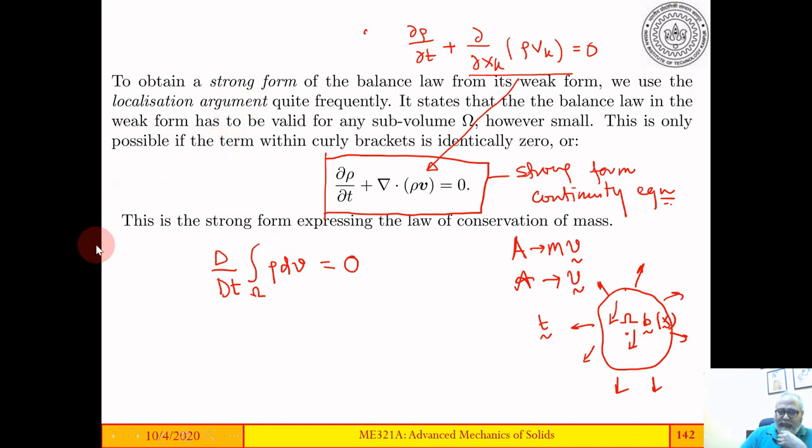So what I am basically going to say is that the rate of change of the total momentum over this has to be equal to the total forces applied on this body.